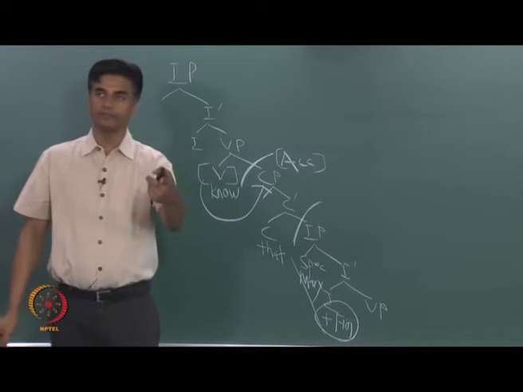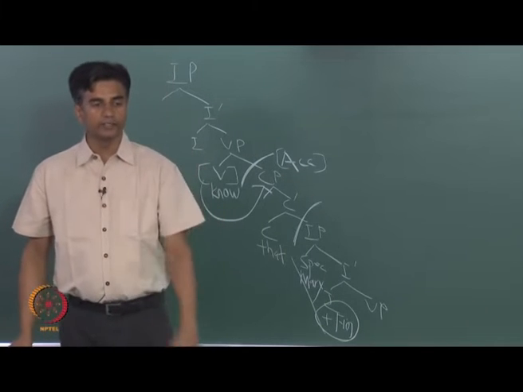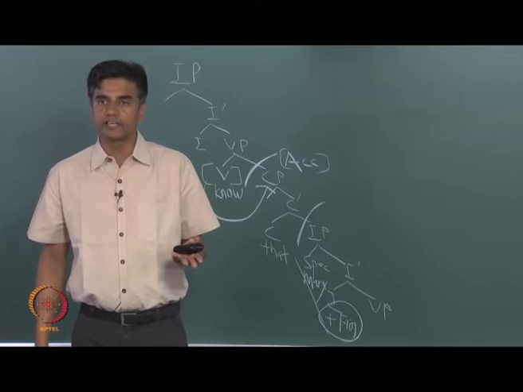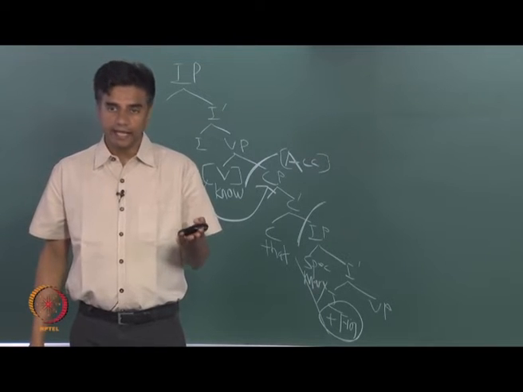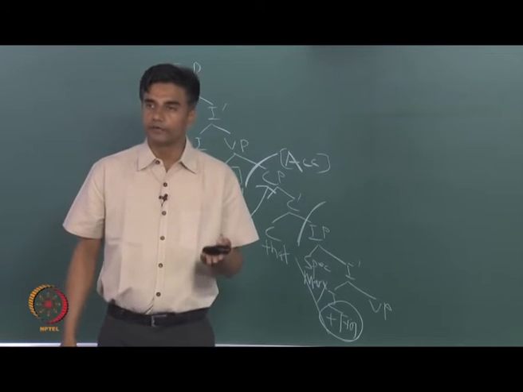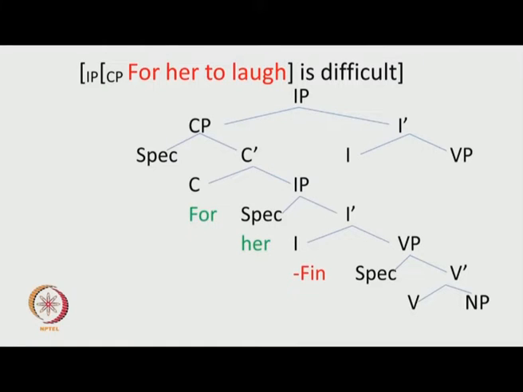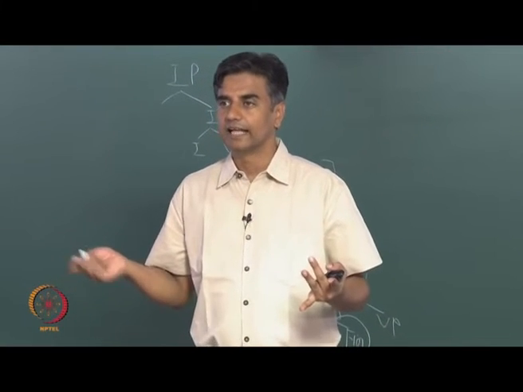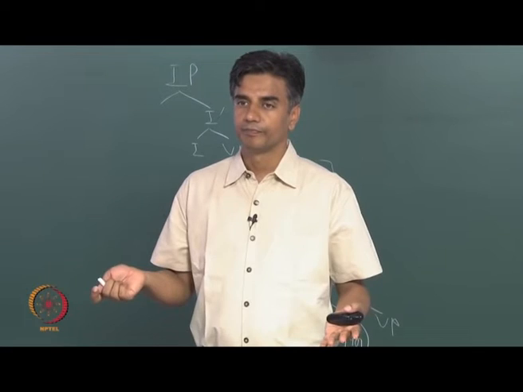But in this one, we have her, which is clearly an accusative case marked NP, and the I below is a non-finite I. Right? So, the problem is, this spec IP should not have had any case, and that will also be a problem, right?